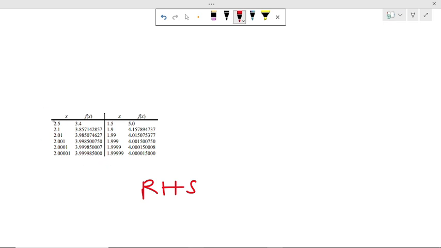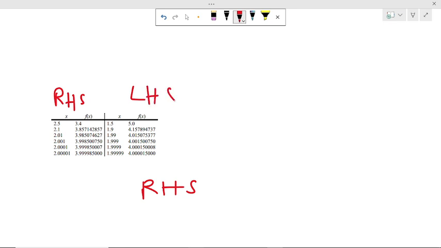Let's say when we placed it, we saw it was approaching 10. This is the right hand side limit because we took values above that particular point. If you take values below that particular point, it is a left hand side limit.